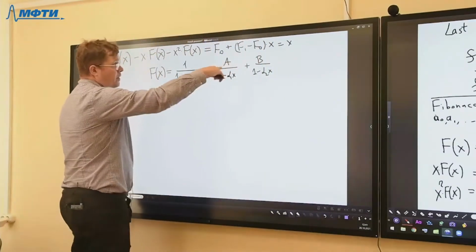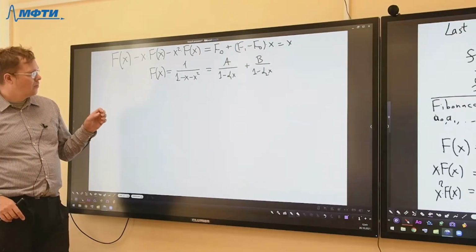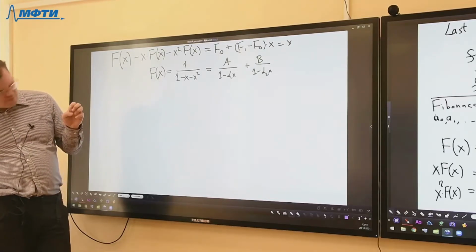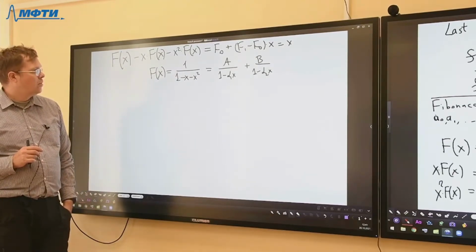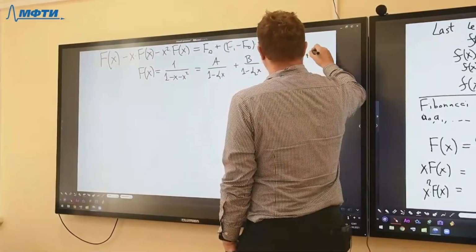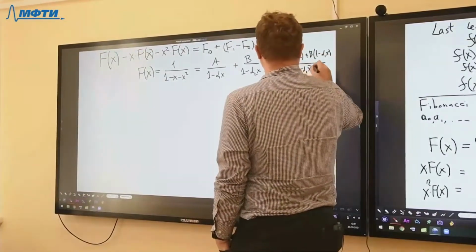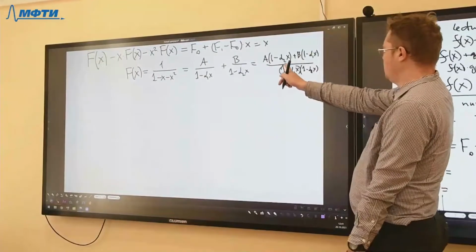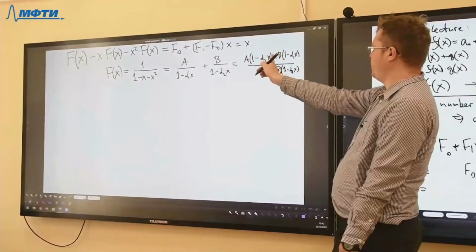And so you can find a and b by multiplying the function by 1 minus alpha 1x, and so on. You can find a and b from this equality, that a alpha 2 plus b alpha 1 should be 0, and a plus b should be 1.